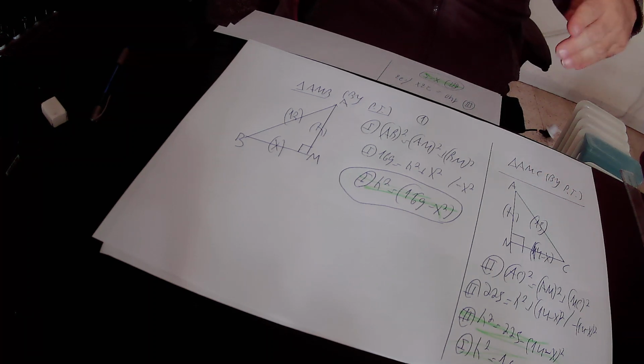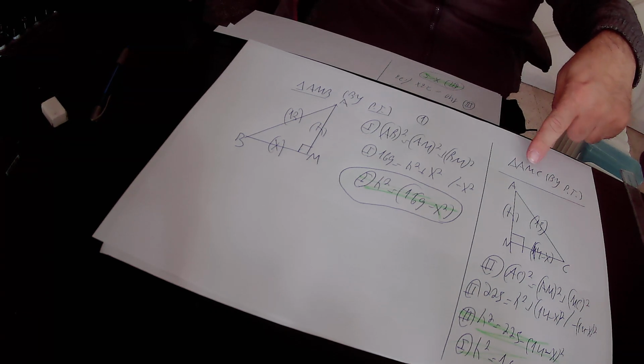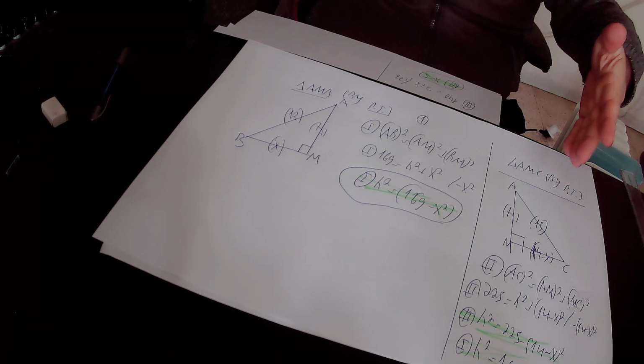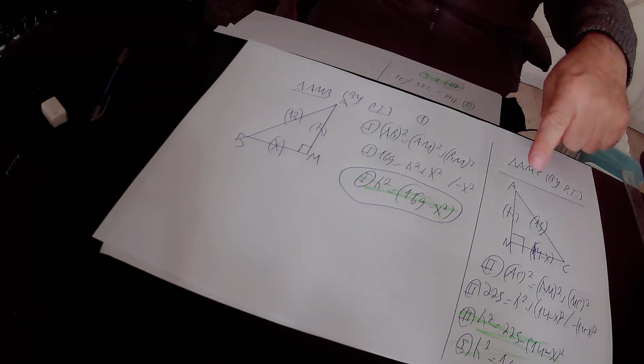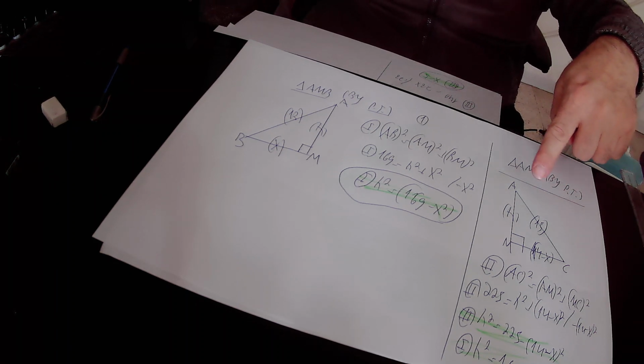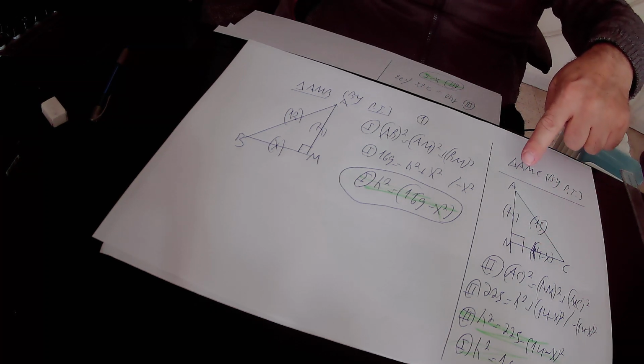So in this right triangle AMC, according to the Pythagoras theorem, AC square equals AM square plus MC square. AC is 15, therefore AC square is 15 square, that is 225, and it is equal to AM square, that is H square, plus MC square.